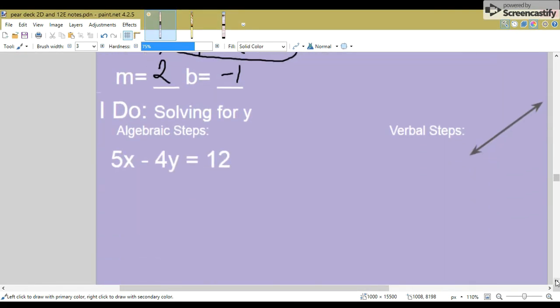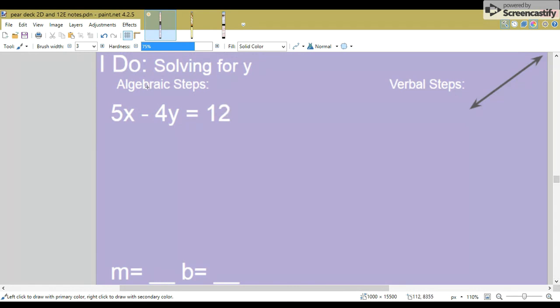Let's do the next one. 5x minus 4y equals 12. So first we rewrite our equation to give ourselves space for the x.